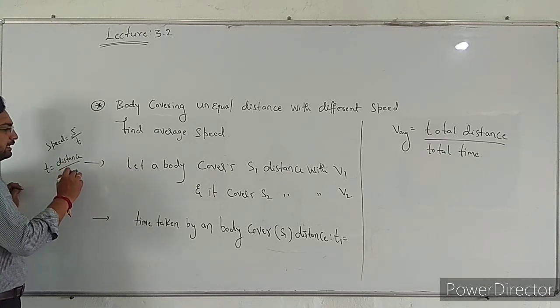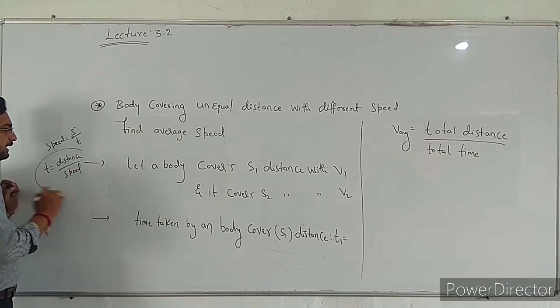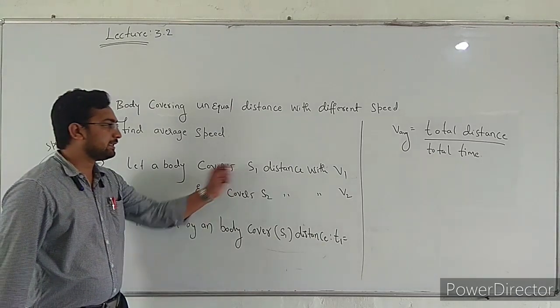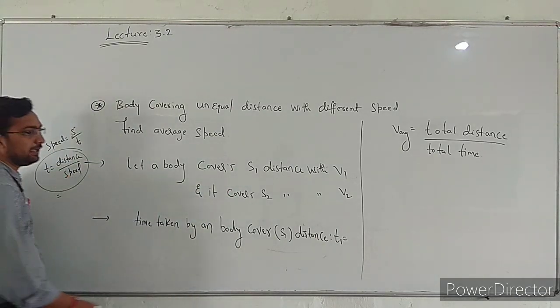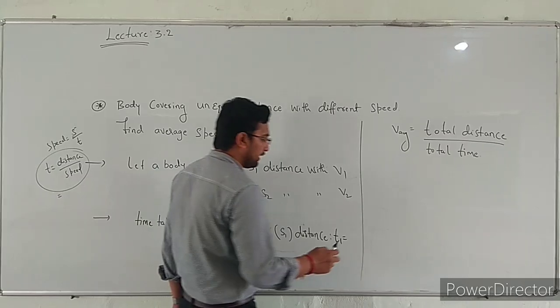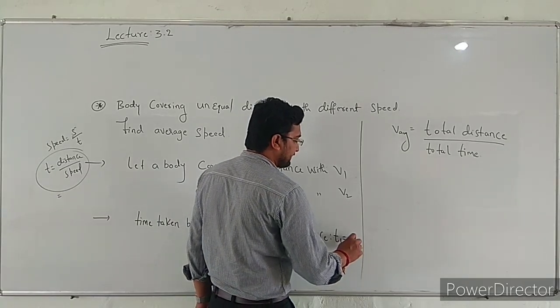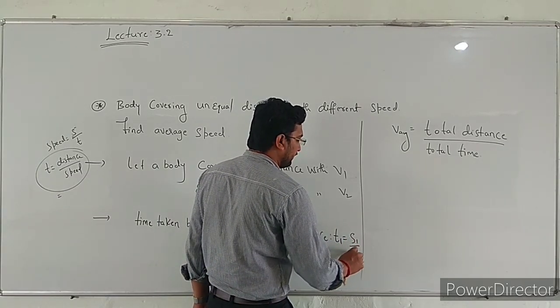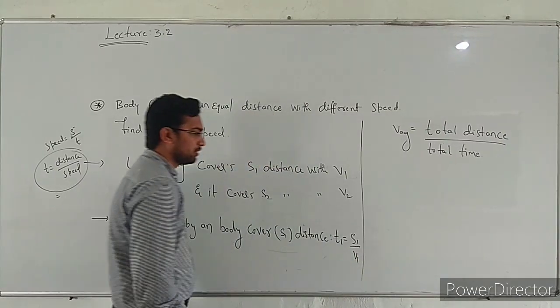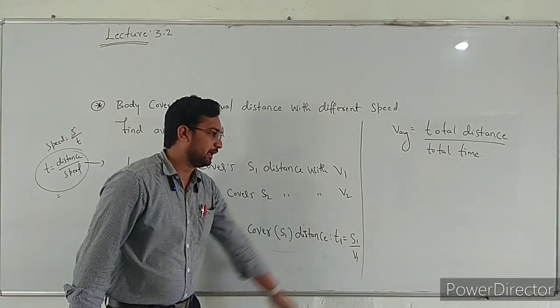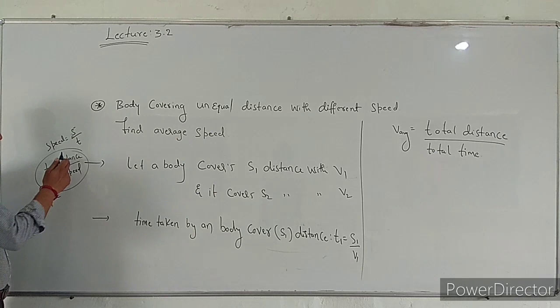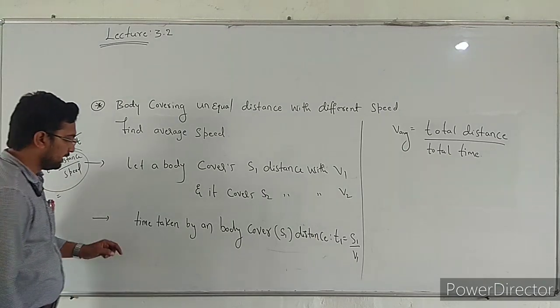The distance is s1 and the speed is v1, so t1 is s1 divided by v1. From the definition of speed, speed means distance by time, so time is equal to distance by speed.